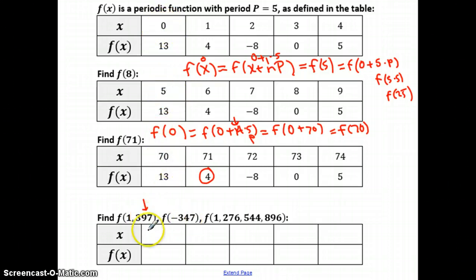And if I think about this point right here being a last digit of 5, then this should be f of 13, because I'm going in multiples of 5. And so this is 1396, 1397, which is what I'm looking for right here. And so if I just continue the pattern, I'm going to see that f of 1397 is equal to -8.